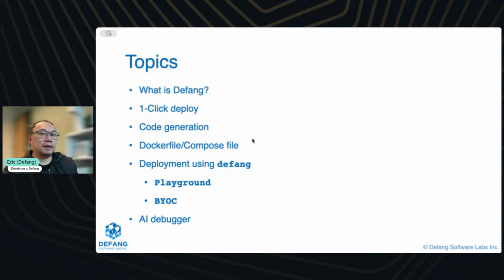It's not as complicated as maybe you've heard, and it's a fairly common concept at this point: building your application in a container, basically a virtualized machine, that you can deploy everywhere. Then we'll go over a little bit of deploying with Defang and then the AI debugger.